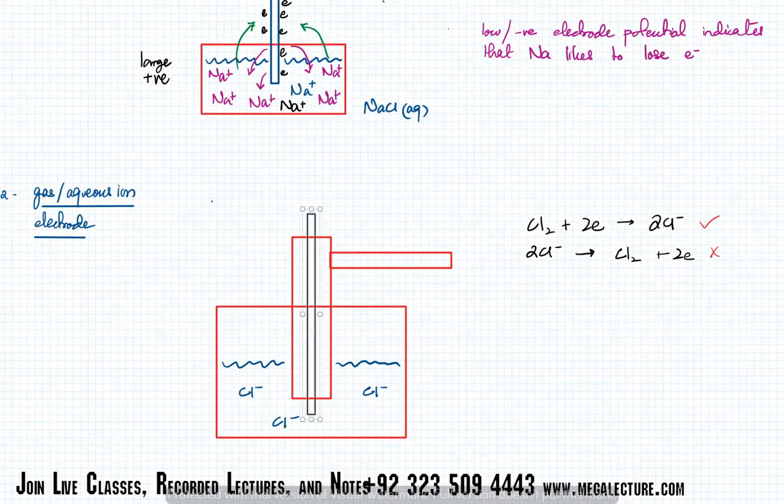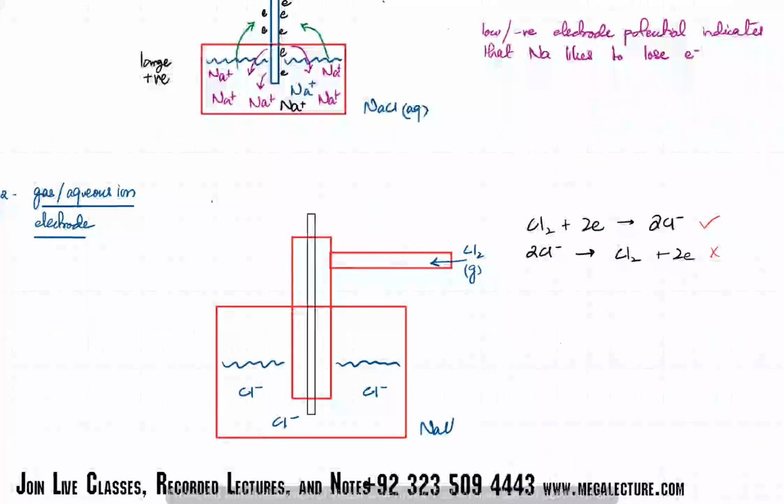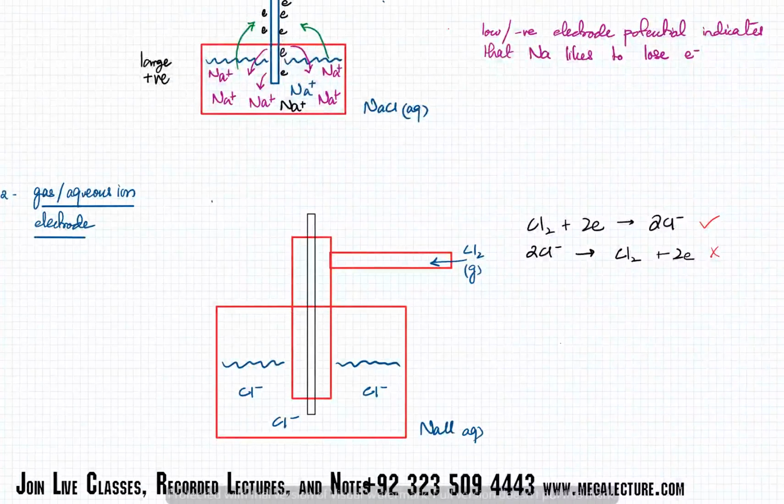And I'm going to have chlorine gas coming from the other side. So there's Cl2 gas coming in, and it's obviously in gaseous state. The Cl- ions would probably be coming from NaCl aqueous.